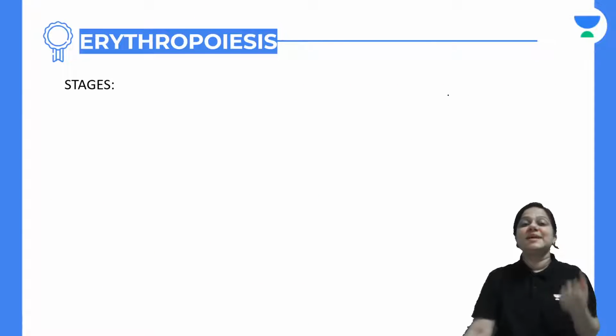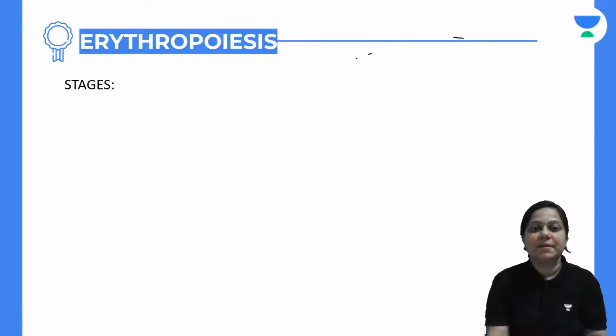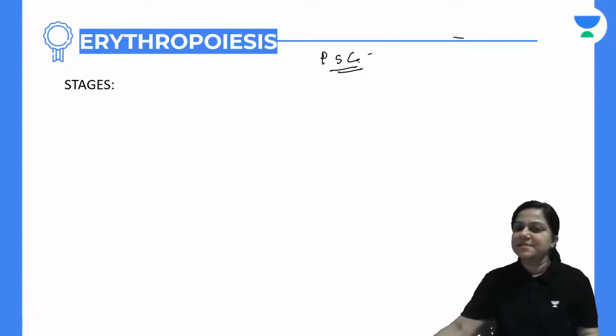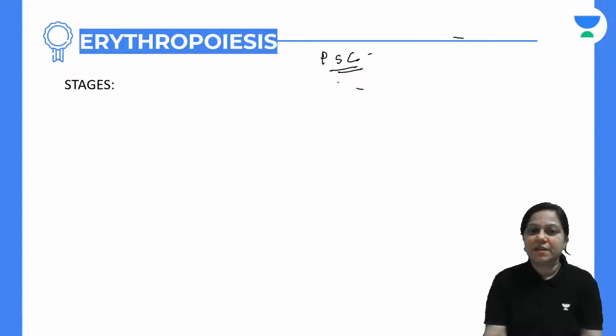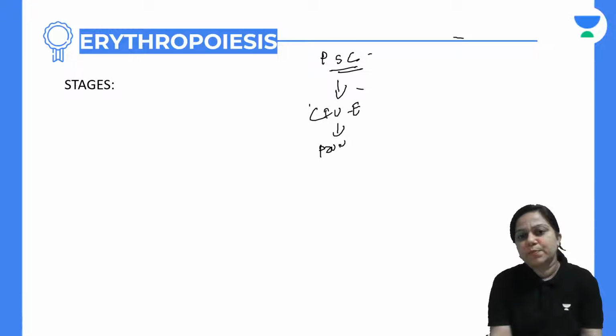Now come to the stages of the formation of the mature red blood cell. As I told you, from the pluripotent stem cell, there will be a formation of the colony forming unit series for the erythrocyte. Now this stem cell will form pro-erythroblast.